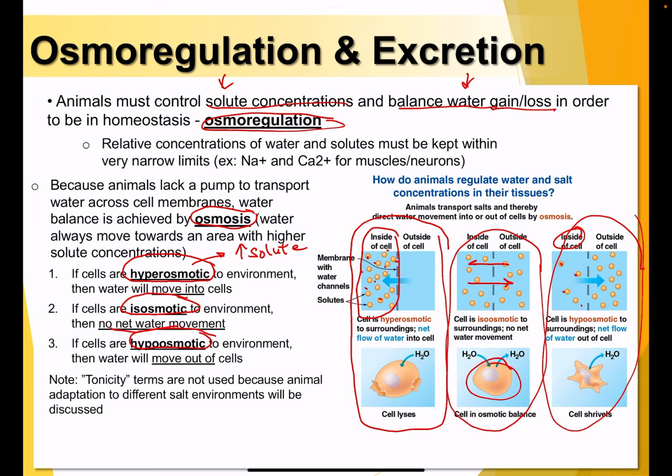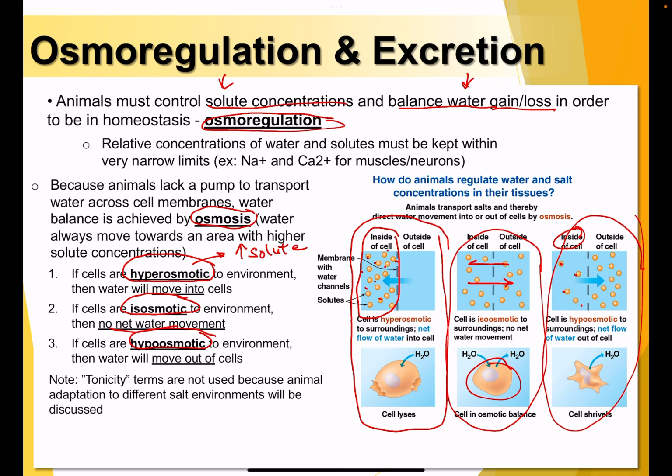I will talk about that when we get to different animals living in different environments. Make sure you rewind and come back to this section if you're still unclear about what osmosis is and what hyperosmotic, isoosmotic, and hypoosmotic mean.